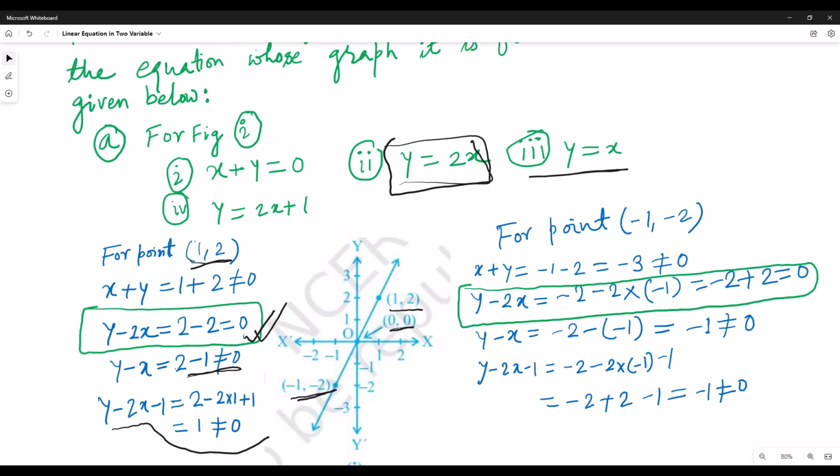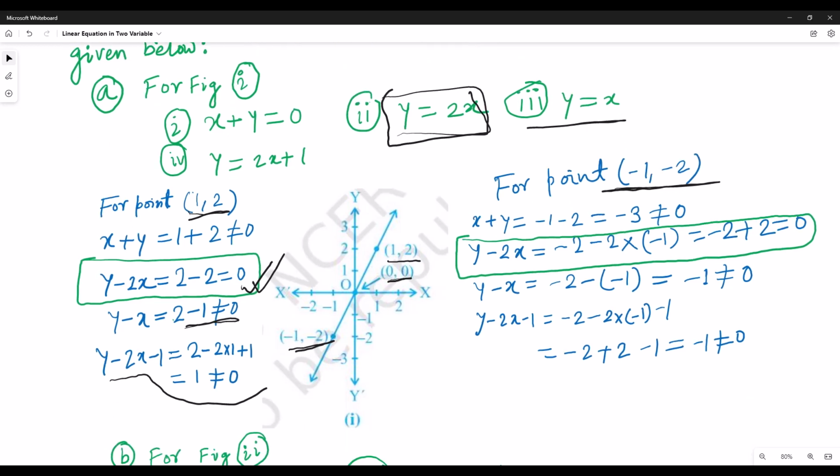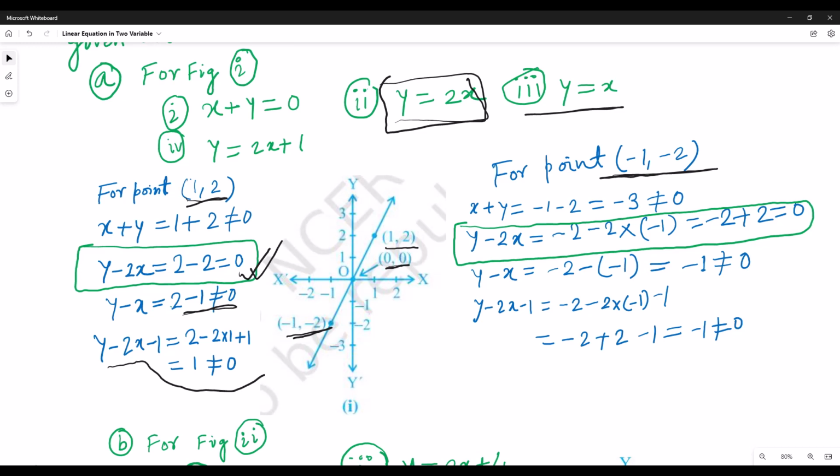And we will see for another point, minus 1, minus 2, which of the equations are true. So we find that y minus 2x, this is true. So y equals to 2x. So y is minus 2 and x is minus 1.